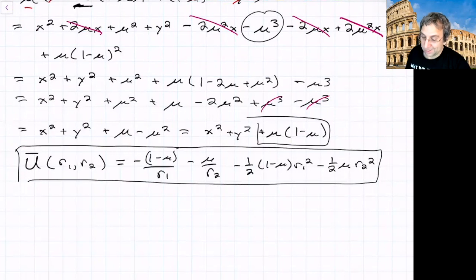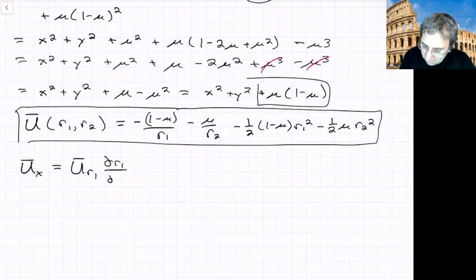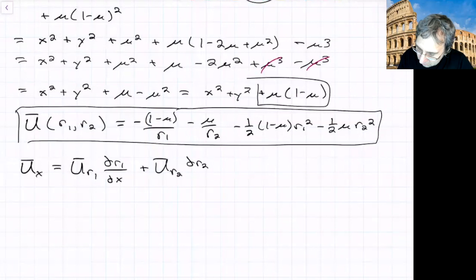Using the chain rule, you can show that it doesn't matter which variables you use. U bar, written in terms of R1 and R2, or written in terms of X and Y, will have the same critical points, as long as Y does not equal 0. If I write out partial U bar, partial X, but now consider that R1 and R2 are also functions of X. So we could write this as partial U bar partial R1, partial R1 partial X, plus partial U bar partial R2, partial R2 partial X. We could write out what those partials are.